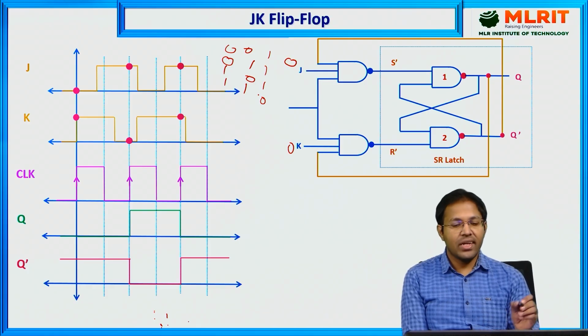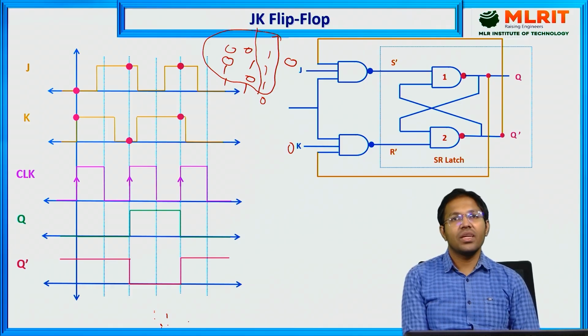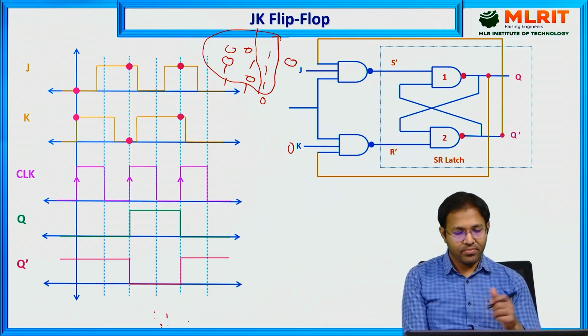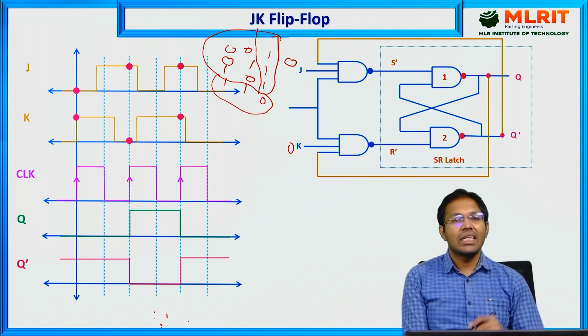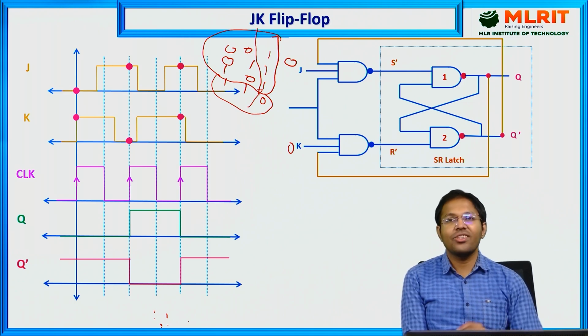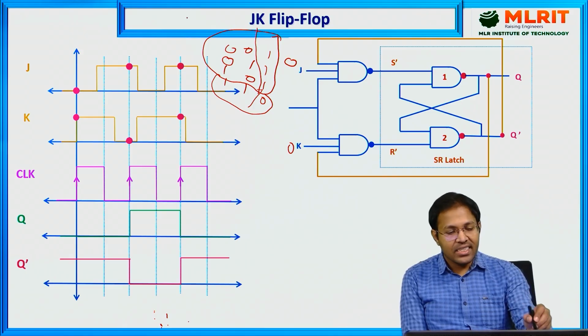In simple words, when any of the input is 0, the output is 1. Or we can say when both the inputs are 1, the output is 0. This is the situation in the case of a NAND gate.